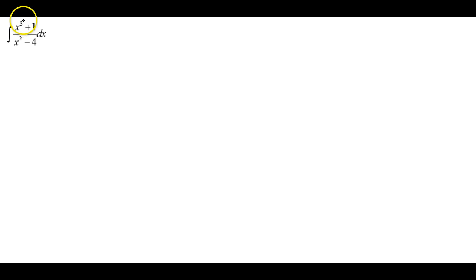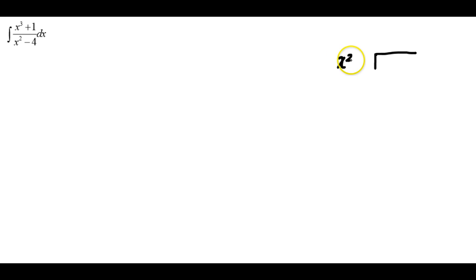So the degree of the numerator is 3, and the degree of the denominator is 2, so the top is bigger than the bottom, so it's not set up as it currently stands for partial fraction decomposition. So I have to use long division to rewrite it so that it is proper. So way over here off to the right, I'm going to go ahead and do my long division.